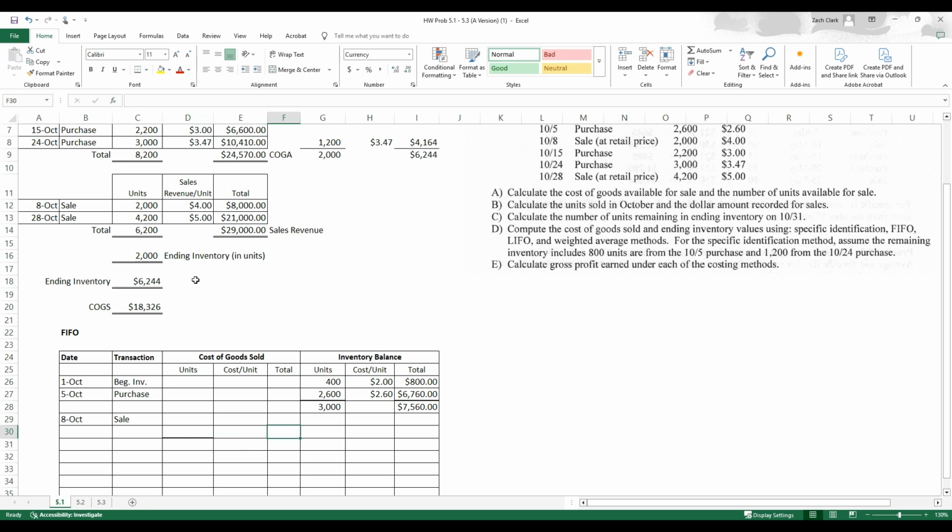I'm going to put some total underlines there. So the total sale is going to have to include 2,000 units. The FIFO really drives us to understand where those units are going to come from. Since we're doing FIFO, that means we pull from this first layer, and then we take the difference between those. So 1,600 units, and that's going to come from our second layer there.